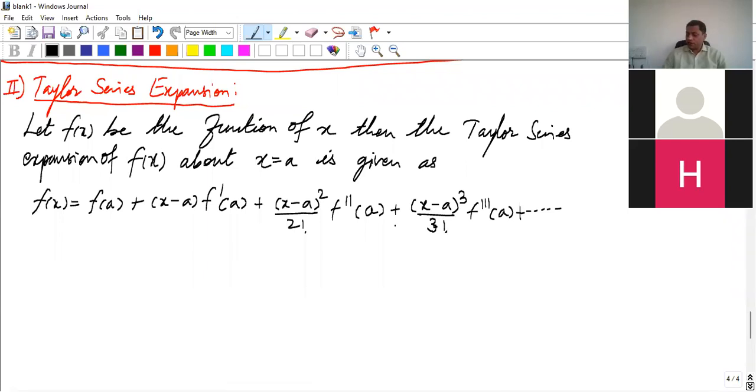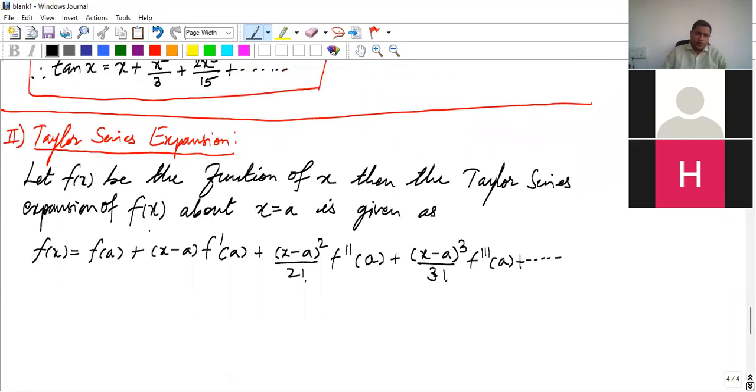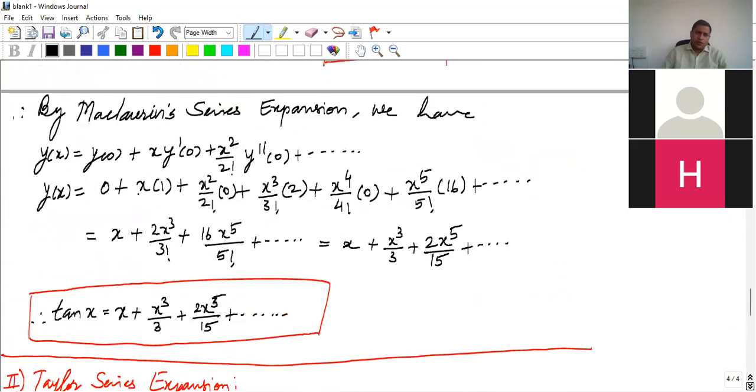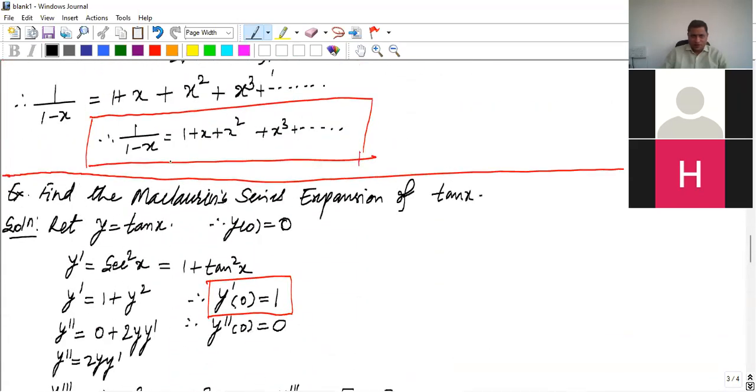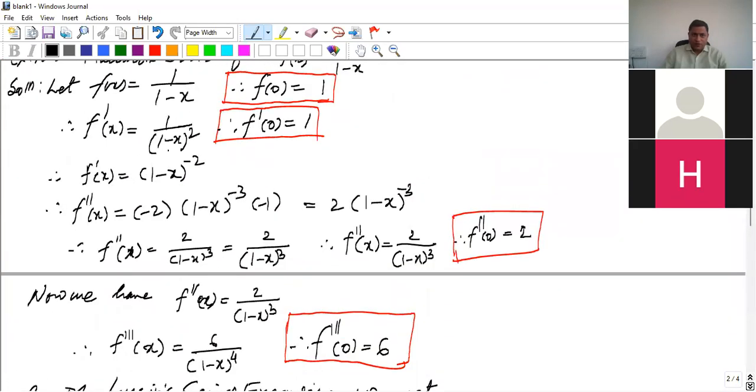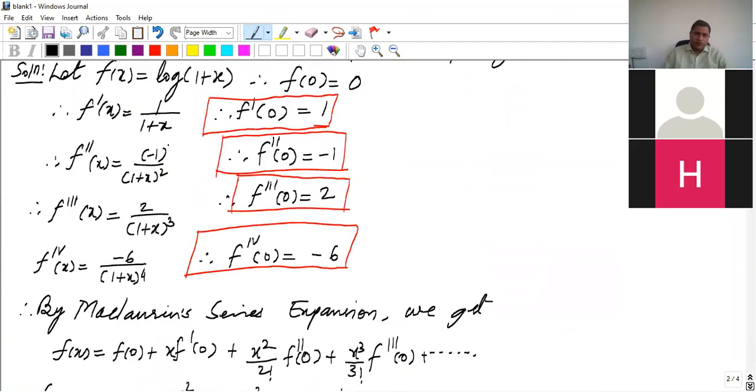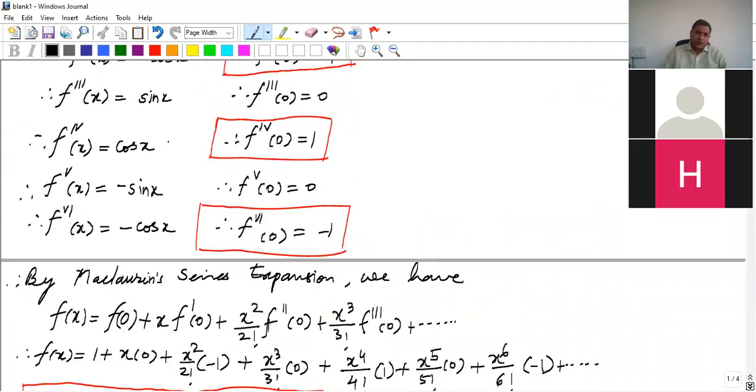Now you can see the difference between the Taylor series and Maclaurin series. So this is the Taylor series. Okay. And then we have the formula for Maclaurin series. So we have seen the formula for Maclaurin series.